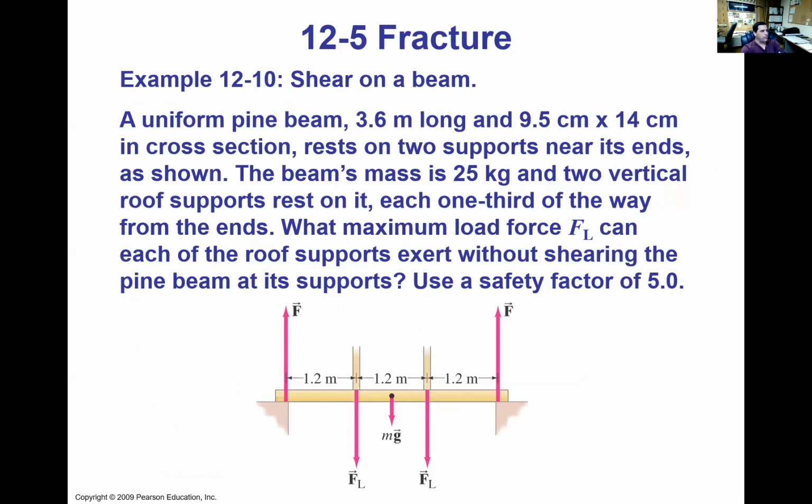Each 1/3 of the way in from the ends. So what maximum load, FL, can each roof support exert without shearing the pine beam at its supports? So basically without breaking the pine beam, okay, what can it support? They want us to use a factor of safety of 5. Okay, so let's figure this out.